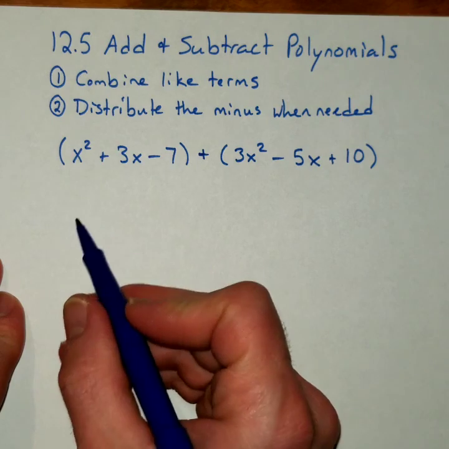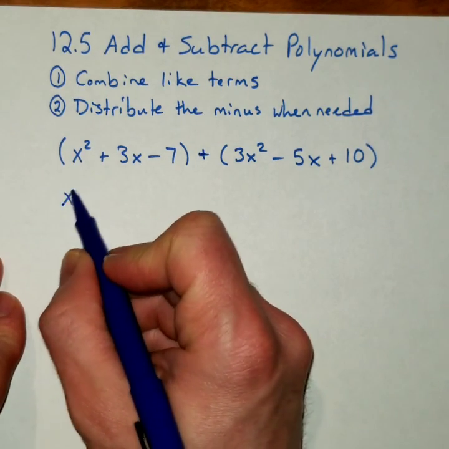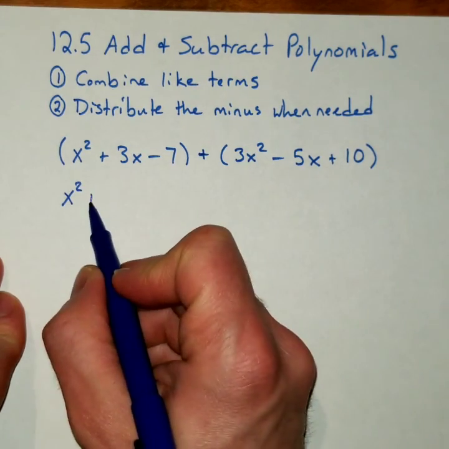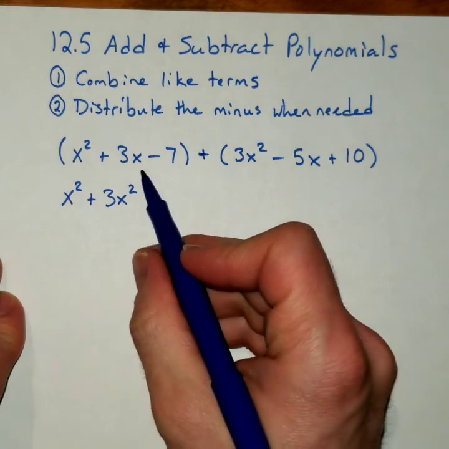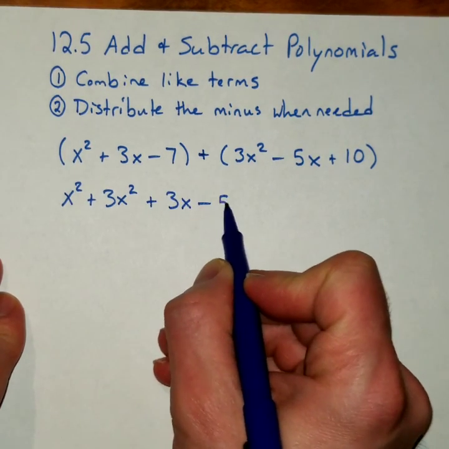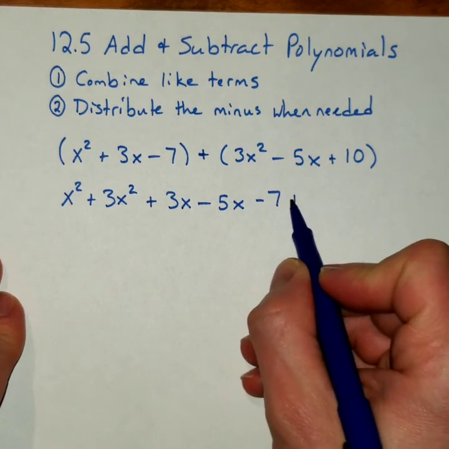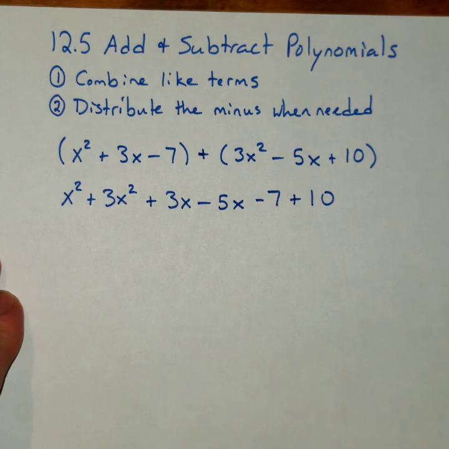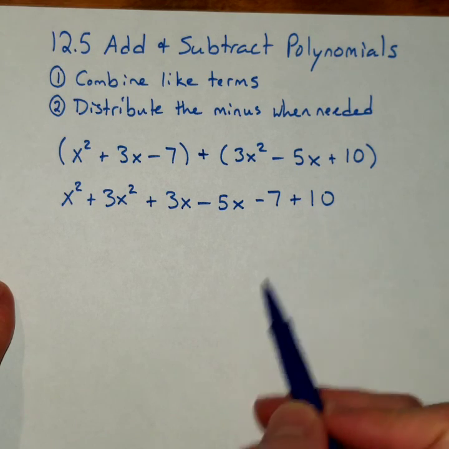I'm going to write this out even though you don't necessarily need to. The x squared terms I'm going to put first, so I've got those two terms. Then I'll take the x terms, so that's a 3x and a minus 5x. And then I'll take the two constants, a minus 7 and a plus 10. That gives us our 6 terms grouped together by degree: second degree, first degree, 0 degree.